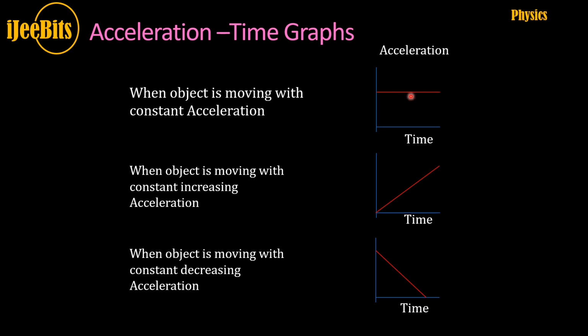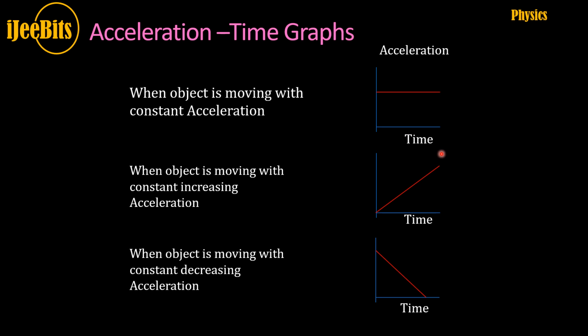Okay, look at this one, an acceleration time graph in the upward direction. This indicates an object moving with a constant increasing acceleration. The first thing is the slope is constant, right? The second thing is that it is going upward. So the acceleration is changing at a constant rate, but going upward.